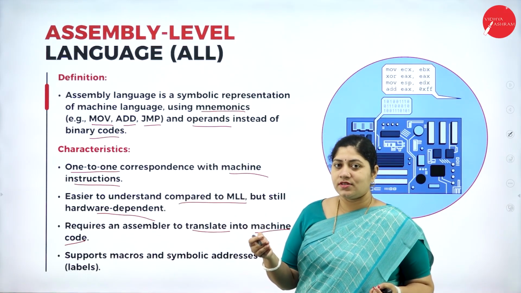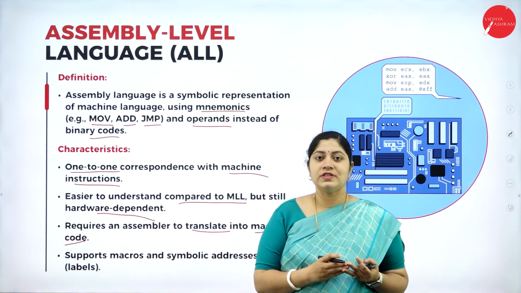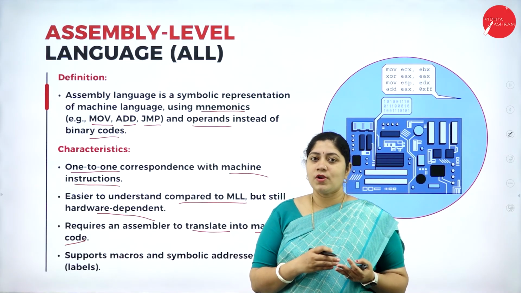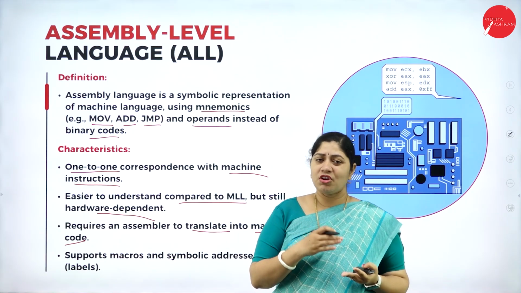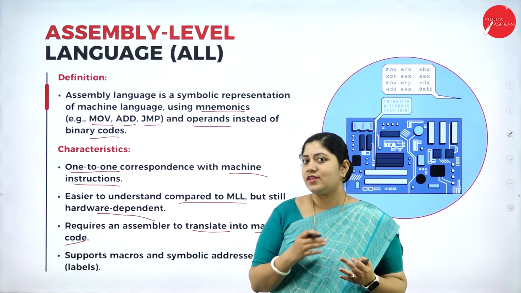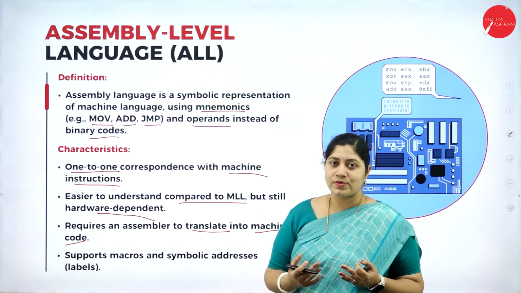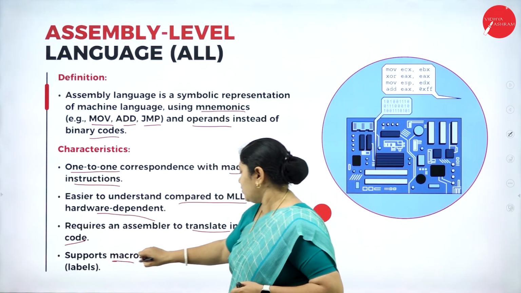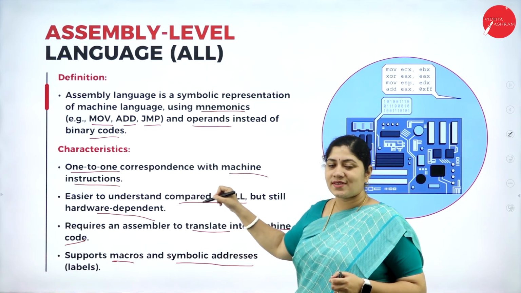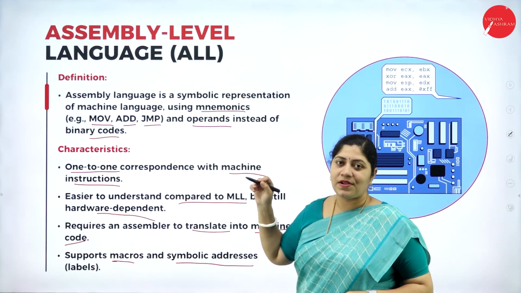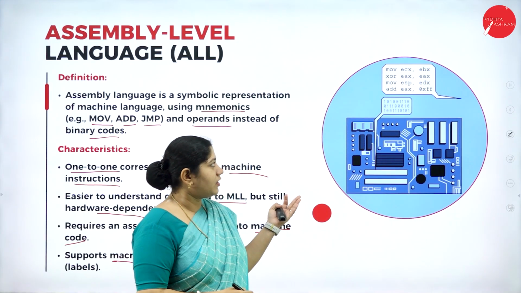Up next characteristic is that it supports symbolic addresses as well as macros. It supports symbolic addresses, which we can also call labels. Also, it can support macros as well as symbolic addresses. So these are a few best characteristics of this assembly level language. Okay, so yes, you can have a look at assembly level language over here.